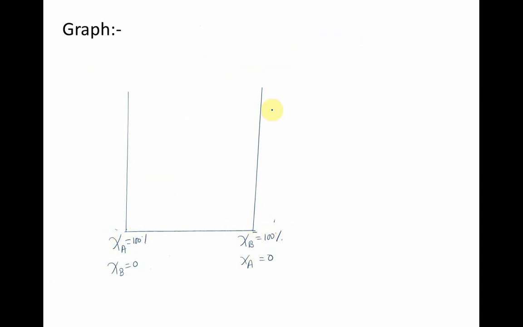This is the pressure exerted by B in its pure component, represented as P naught B, and this is the vapor pressure exerted by the pure component A, represented as P naught A. Think that B is more volatile than A. Therefore, P naught B is greater than P naught A.